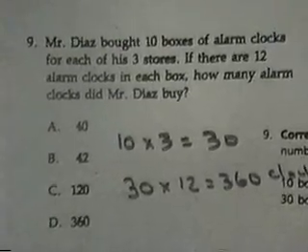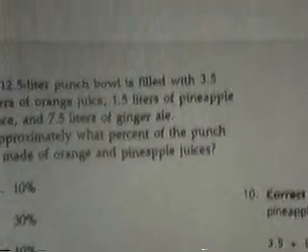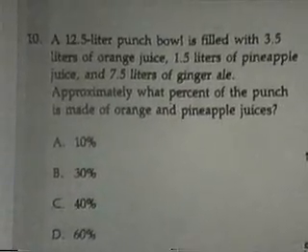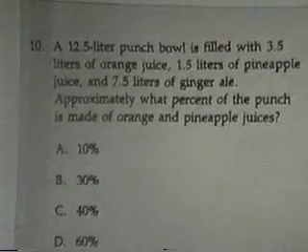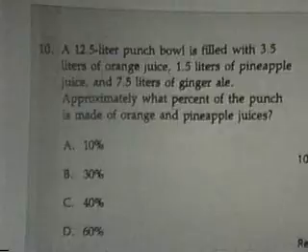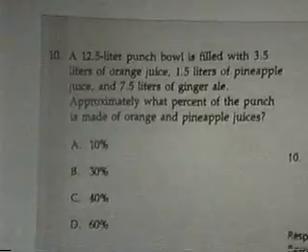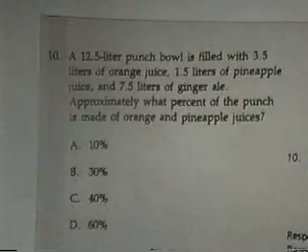Okay, let's look at another example. All right, next one says a 12.5 liter punch bowl is filled with 3.5 liters of orange juice, 1.5 liters of pineapple, 7.5 liters of ginger ale.